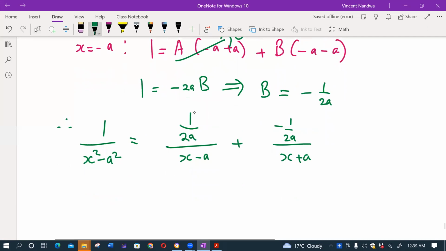Or you can write it as 1 over 2a into (1 over x minus a minus 1 over x plus a).